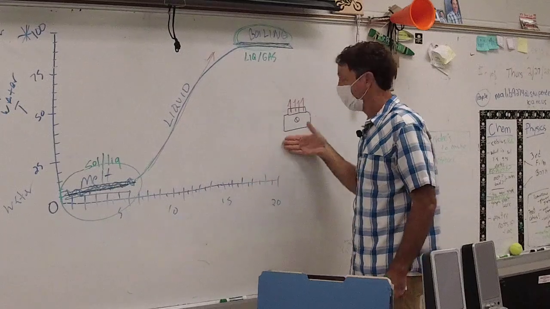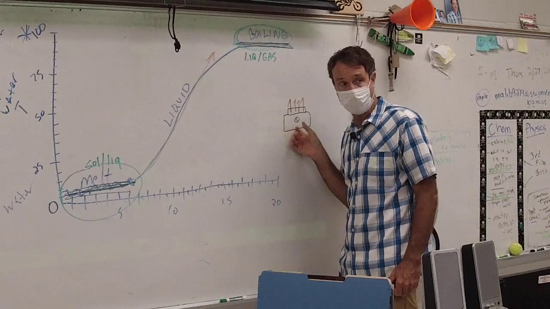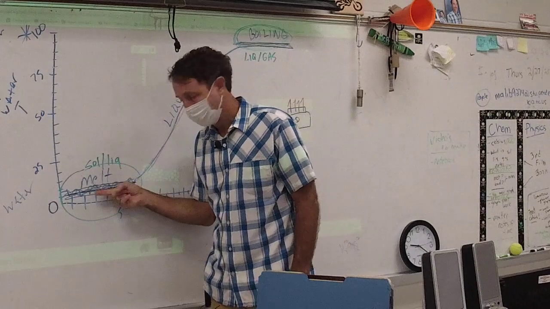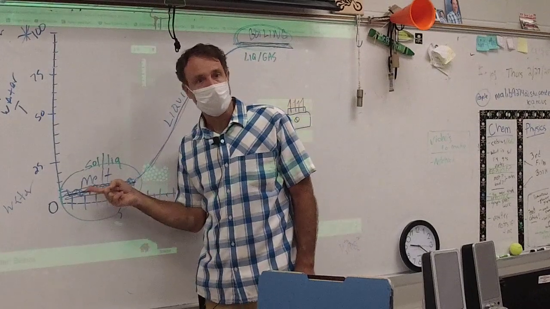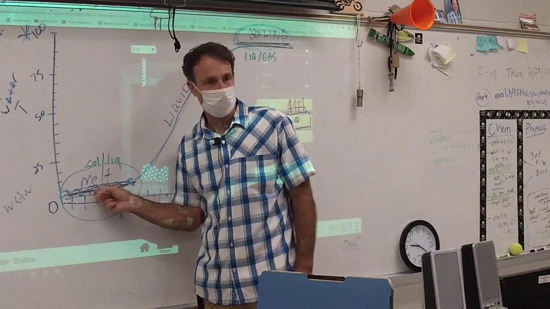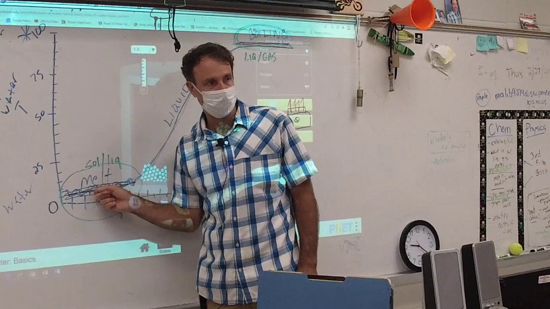So the hot plate is doing work the whole time, the same amount of work. So right here, the work that the hot plate is doing is breaking these molecules apart and changing them from a solid to a liquid. Does that make sense?